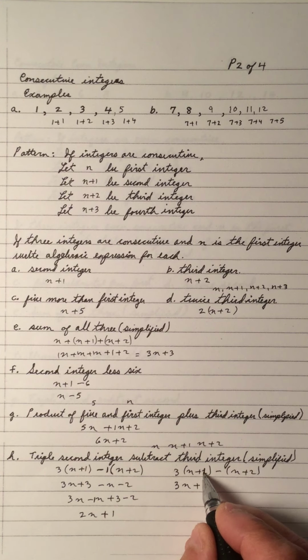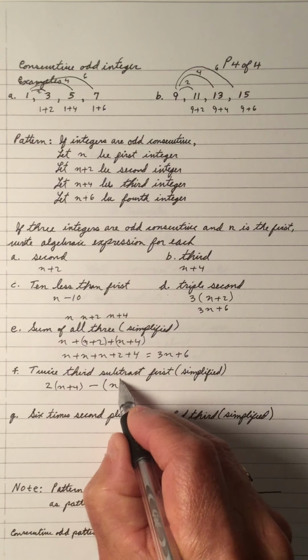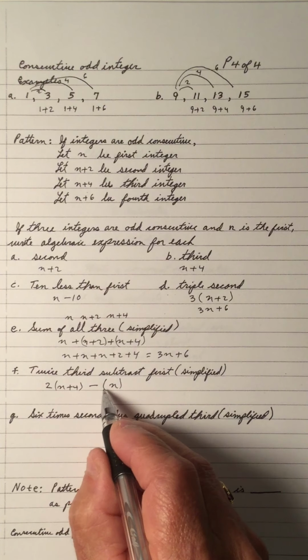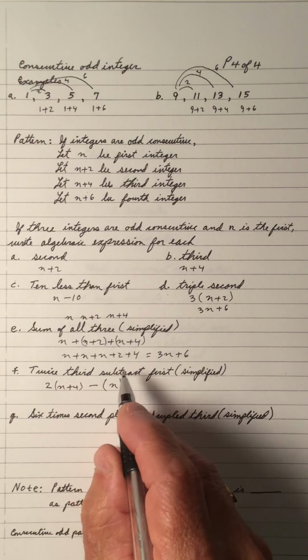F. Twice the third subtract the first. Twice the third. So let's look up the third. Let's see what we have. First one, second one, third one. So twice the third is twice n plus 4. Subtract the first, and the first one is n. Because I have an n by itself, the brackets are not necessary. So that's 2n plus 8, subtract n.